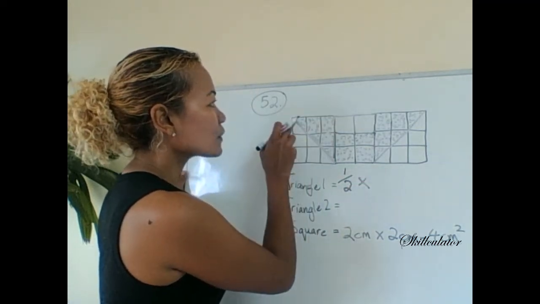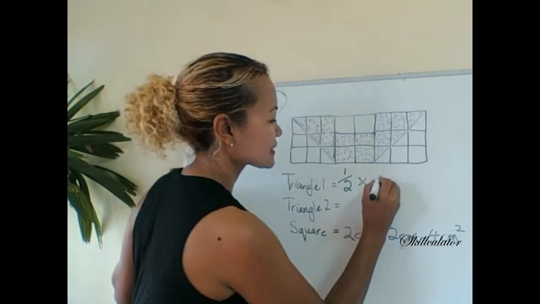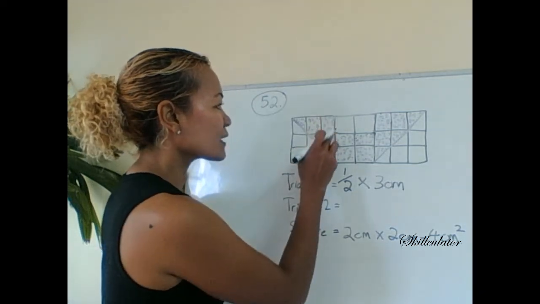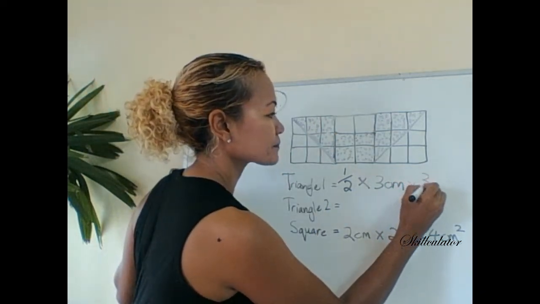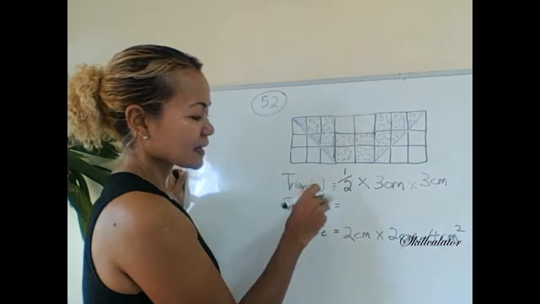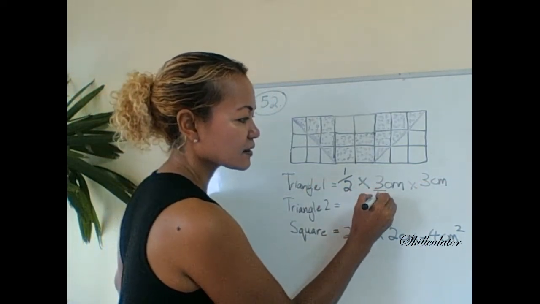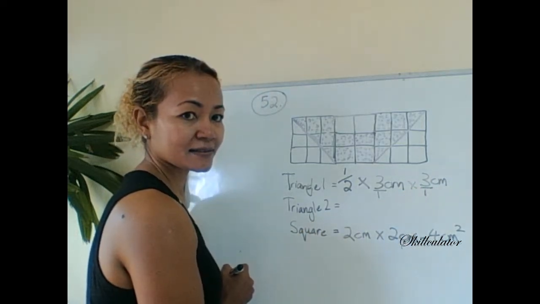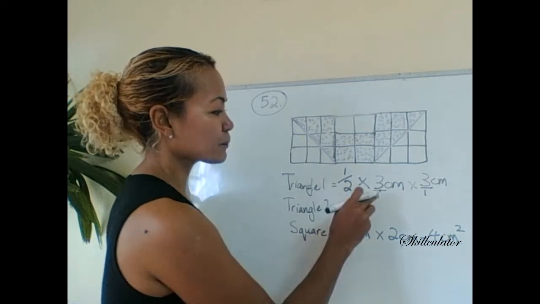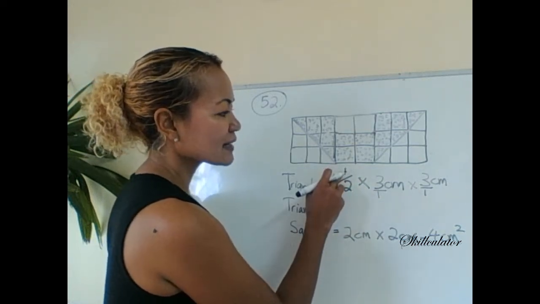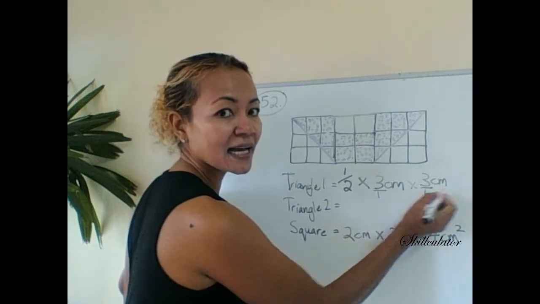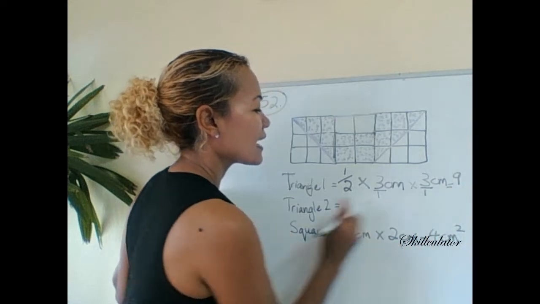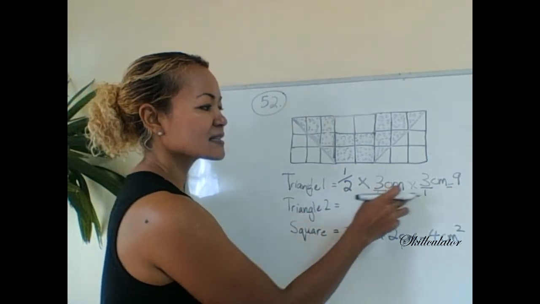So what is this side? 1, 2, 3 centimeters. And this side, the height, 1, 2, 3 centimeters. Since it's a fraction, you convert the 1 to a fraction by putting it over 1 or 2. So 1 times 3 times 3 is equal to 9. And 2 times 1 is 2.